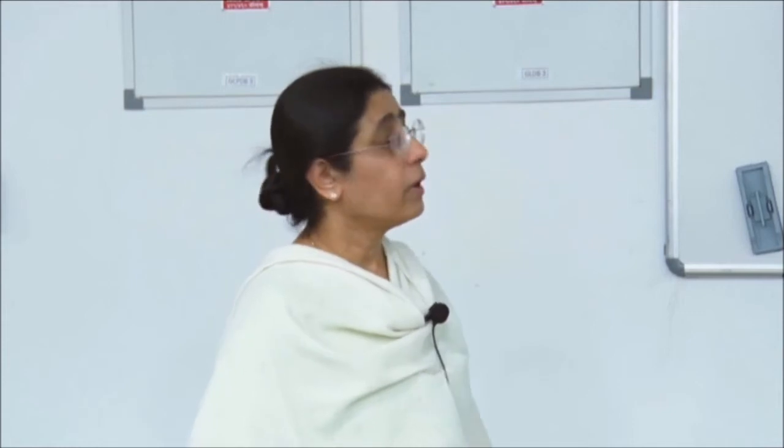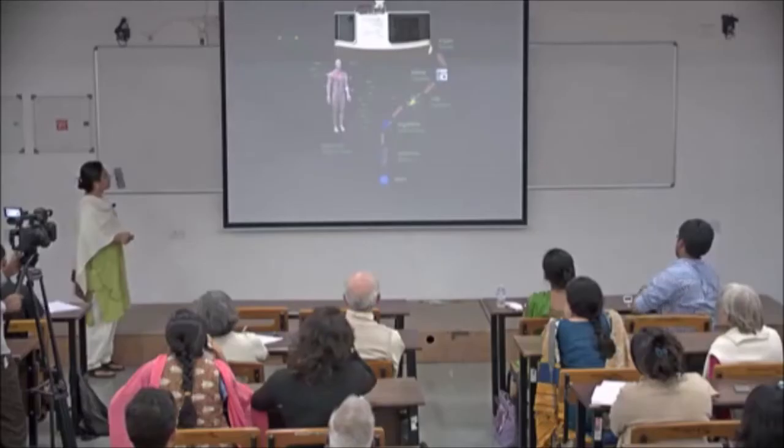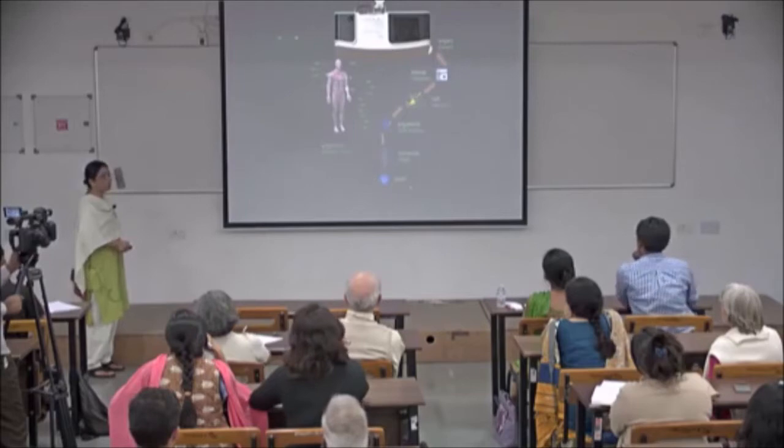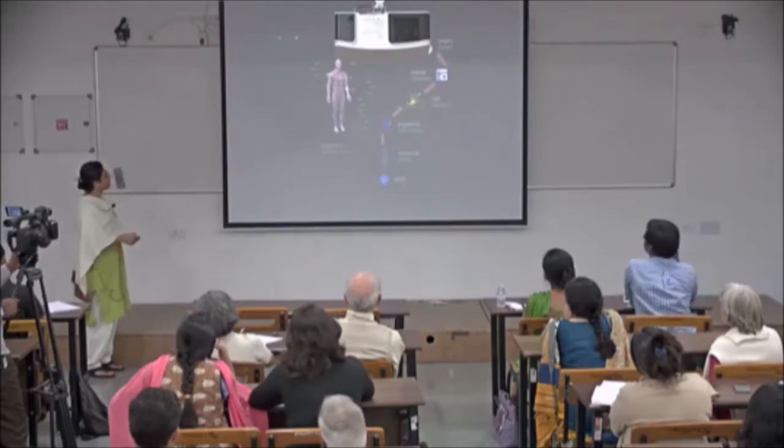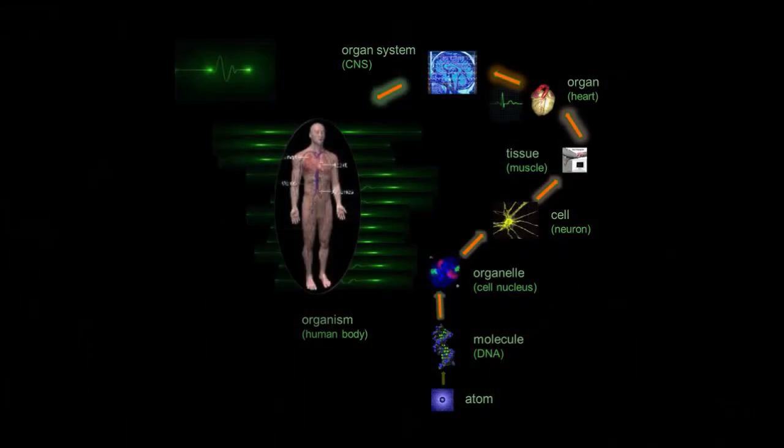For example, we can understand the human system in terms of electrical activities. Let's get back to this diagram. You can see that there is electrical activity from the level of atoms, and you can see this cell. You have neurons discharging here, and then you have action potentials.